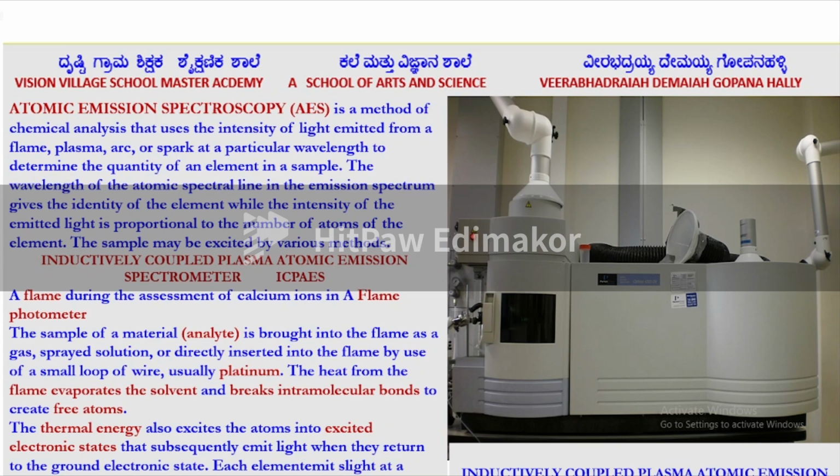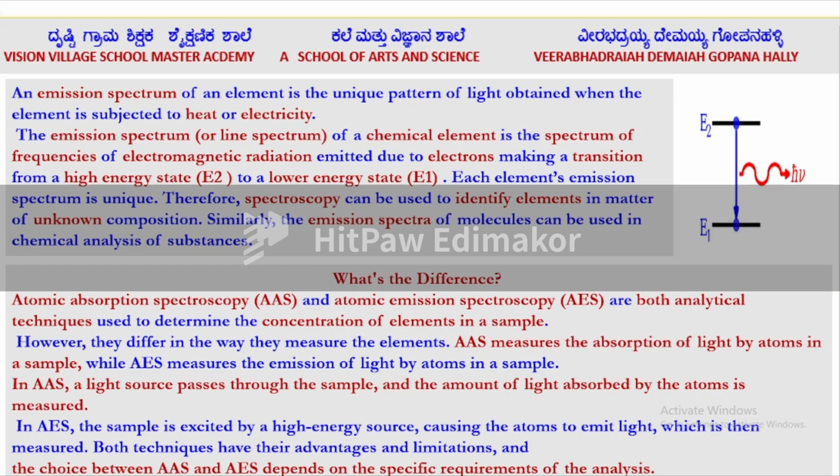The difference between the two states can be measured with the help of sophisticated instrumentation technology using a data station. So what is the difference between atomic absorption spectroscopy and atomic emission spectroscopy? Well, friends, let us have a brief discussion about the difference between these two sophisticated instrument technologies.